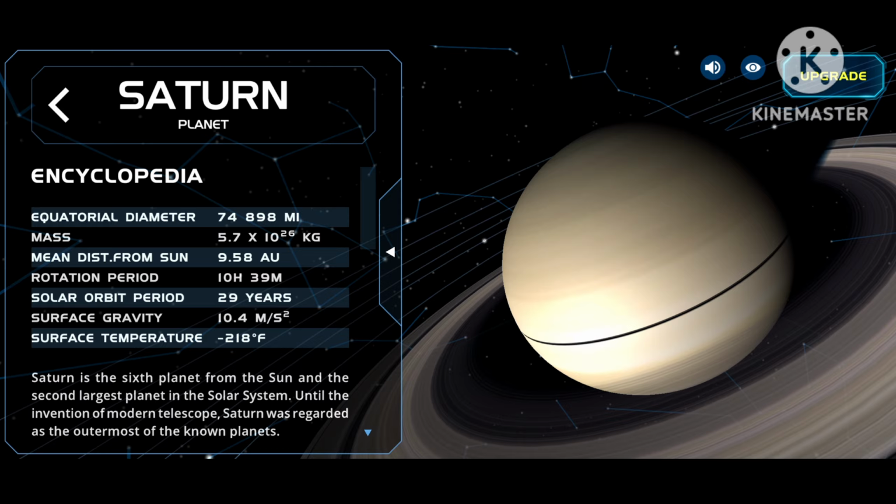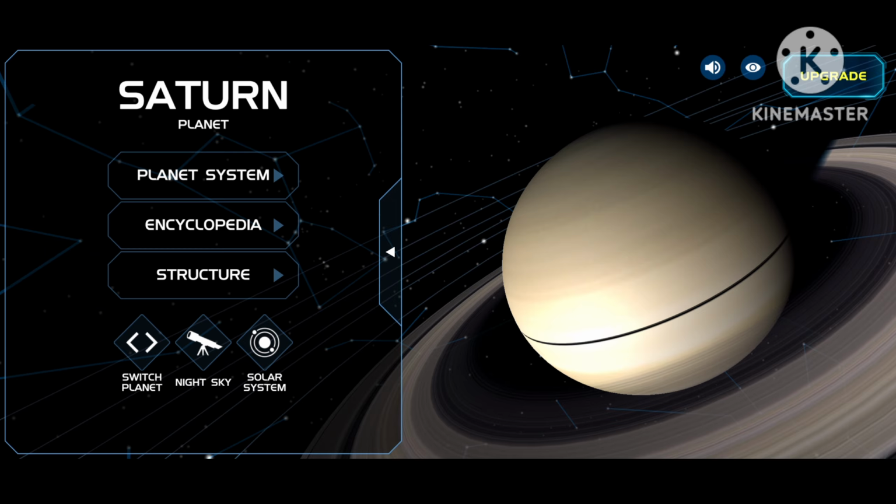Rotation period is 10 hours 39 minutes. Solar orbit period means the revolution: one revolution around the Sun, Saturn completes in 29 years. Surface gravity is 10.4 meters per second squared, and surface temperature is around minus 218 degrees Fahrenheit. So this is all about Saturn.